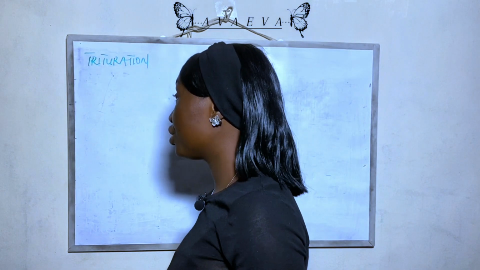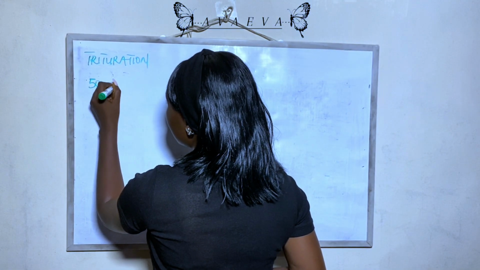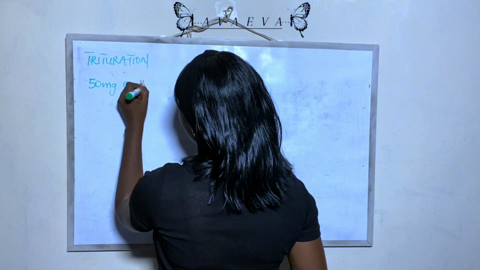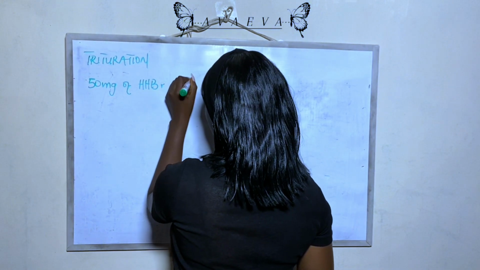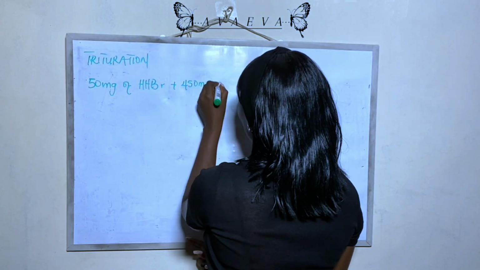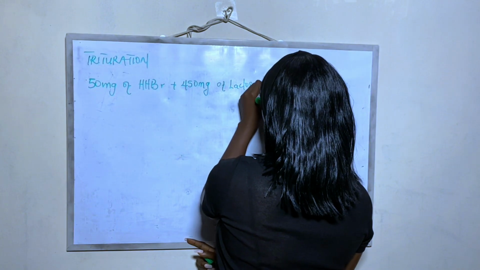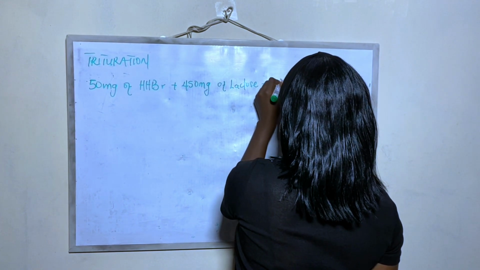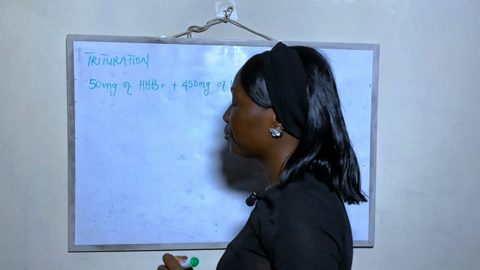Next we have our titration. So for titration, you have 50 milligrams of hyoscine hydrobromide, I'm going to write it in short, plus 450 milligrams of lactose, will give you 500 milligrams T1.